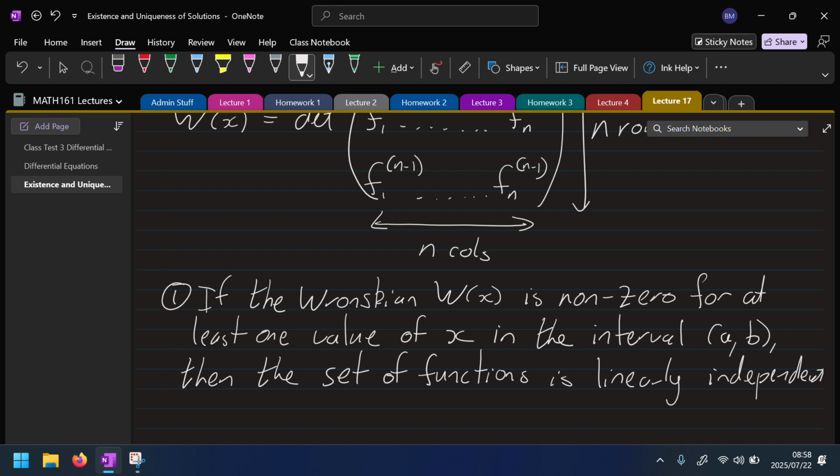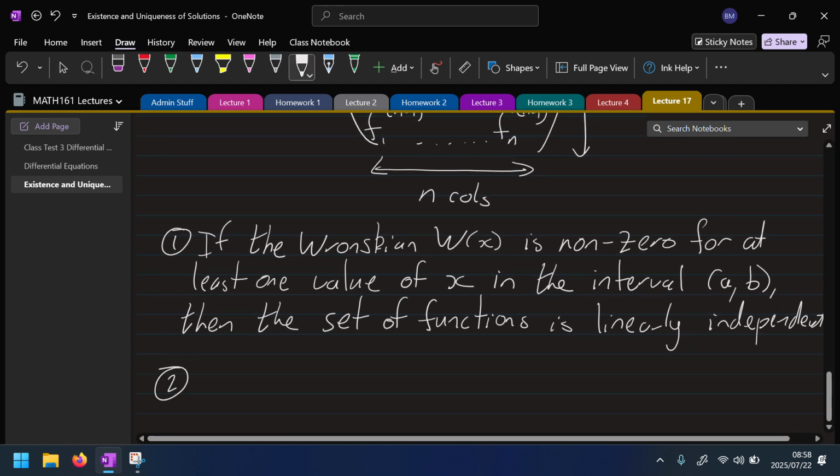So for case 1, we find our W function. If it is non-zero, positive or negative but not 0, for at least one value of x, then the set is linearly independent.